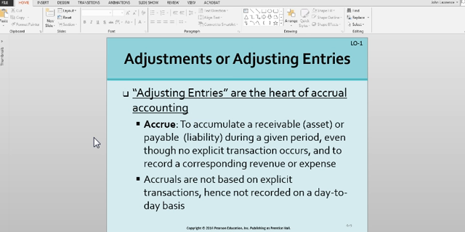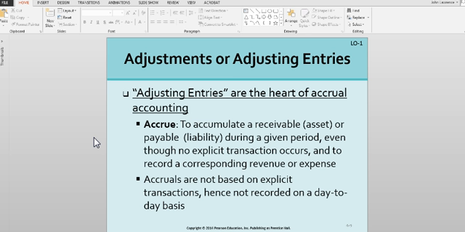Those are also referred to as adjusting entries. Any of you that may interact with your accounting functions or the accounting departments in your organization may know that they're doing their closing the books process at the end of each month. That's the process that they are accruing certain assets or liabilities to be able to effectively put them into the right period.